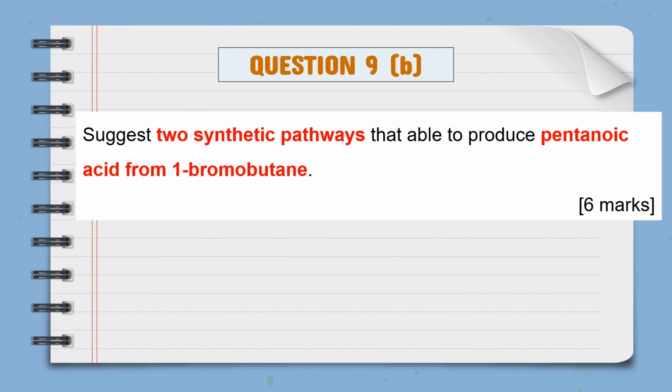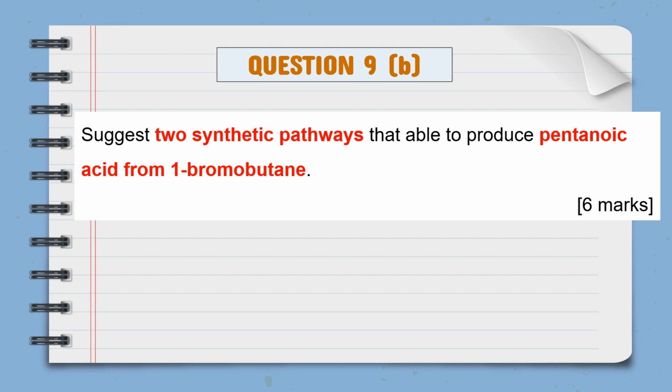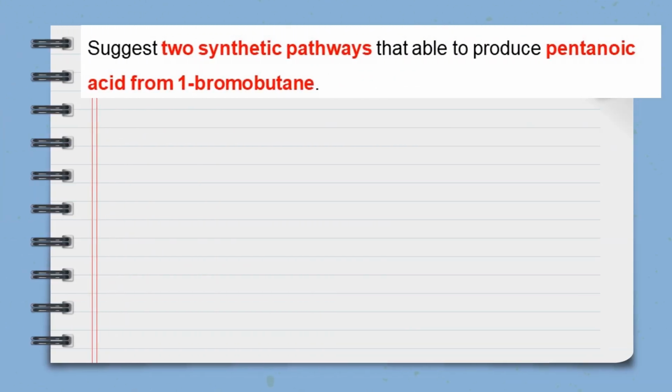Question 9B. Suggest 2 synthetic pathways that are able to produce pentanoic acid from 1-bromobutane. This question will give you 6 marks. This question is to produce from a haloalkane.